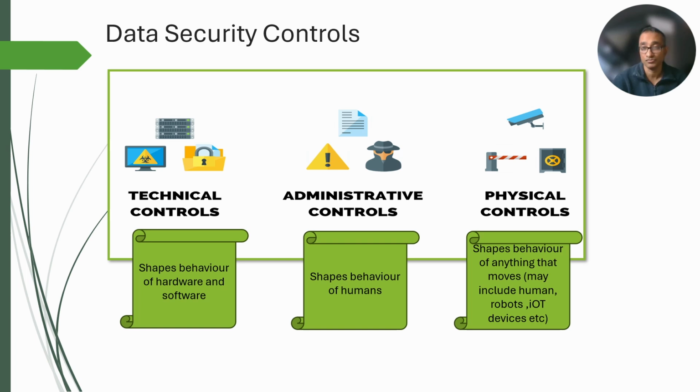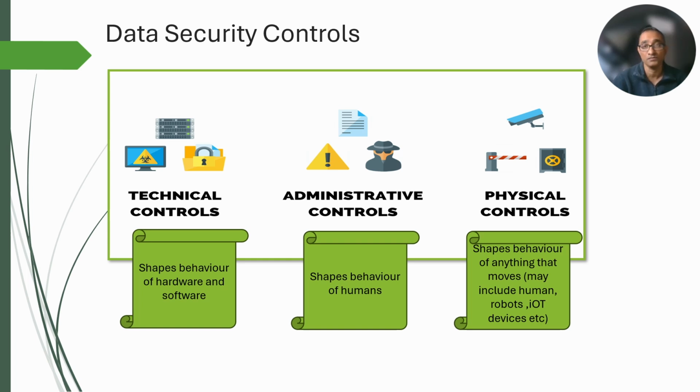You cannot touch the data, you cannot feel the data. So this is a question which has a very complex thought process behind it to be answered. But nevertheless, let's look at the three control domains that are related to data security.